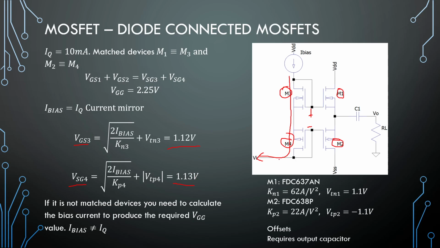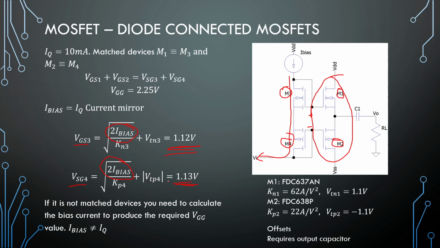voltages. Okay, so if you match the devices, it is quite easy to design this, but if you choose different MOSFETs here at the back, you need to recalculate the VGS and VSG values to be the same as what you had for the output devices, and find a new bias current.